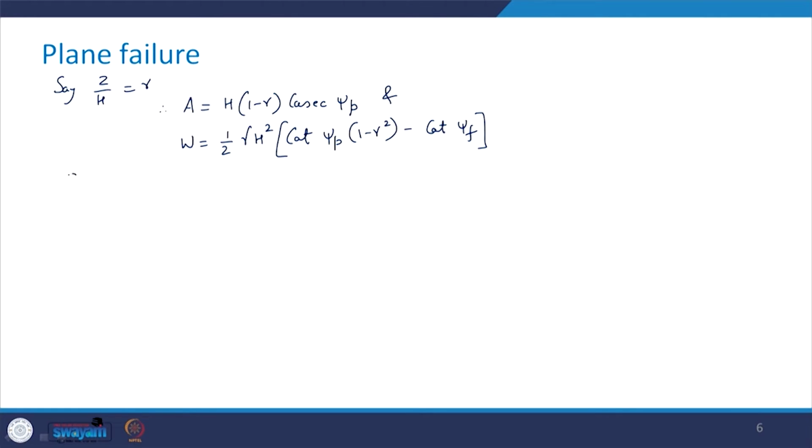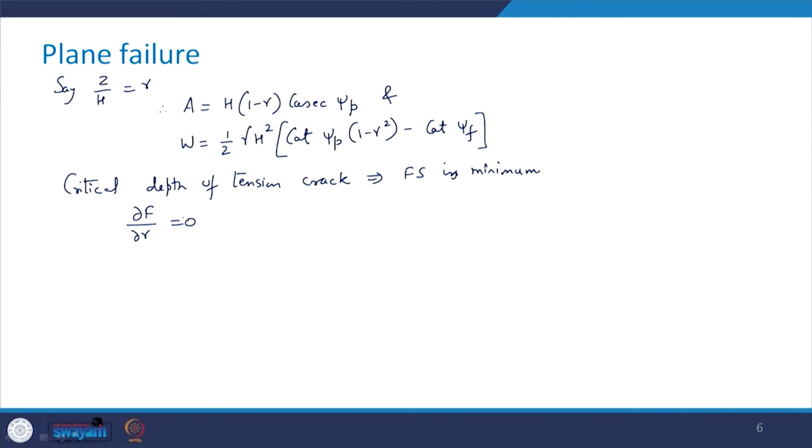Now, the critical depth of the tension crack we will get when this factor of safety is minimum. So, in order to make the factor of safety minimum, we can write that del F del r to be equal to 0.